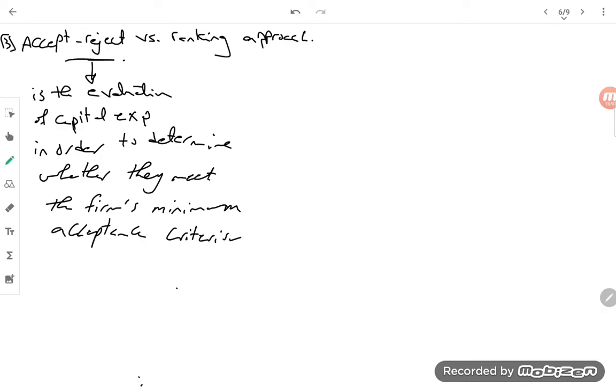What about ranking approach? Ranking approach means ranking of capital expenditure projects on the basis of some predetermined measures, such as rate of return.